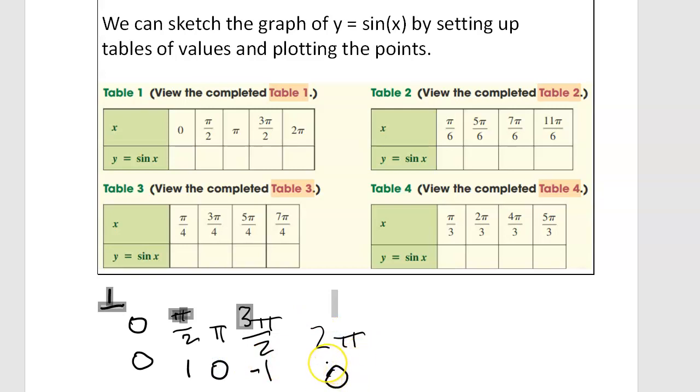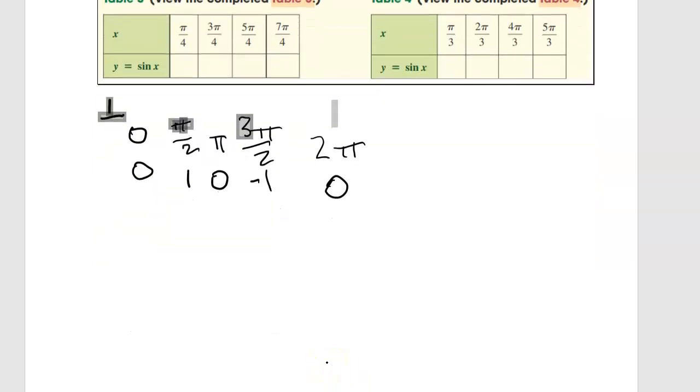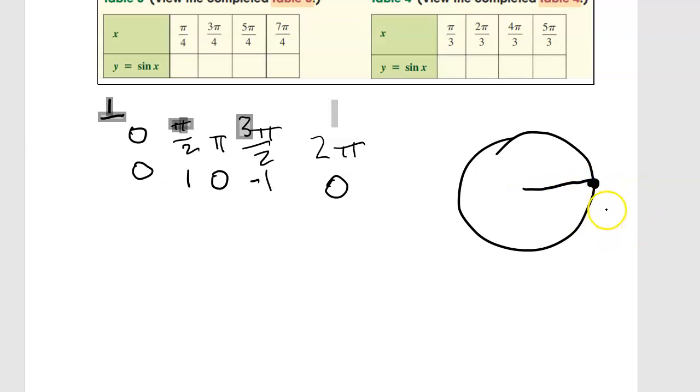So let me scroll down a bit and talk about this. Remember that when we look at our unit circle right here, if we have some point, like for 0 degrees, you had the coordinate 1, 0.